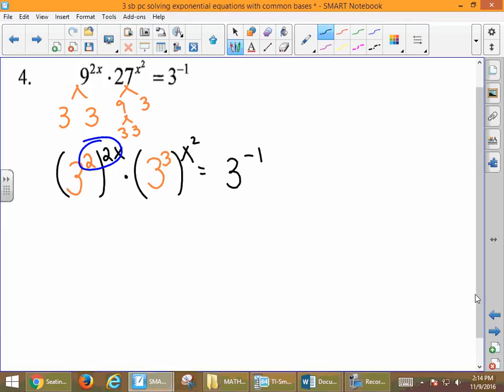So we're going to get 3 to the 4x. 2 times 2 is 4 with an x. We also can superpower here, and we're going to get 3 to the 3x squared. Again, we're multiplying these 2 exponents. That's our rule. And on the other side then, we still have our 3 to the negative 1.